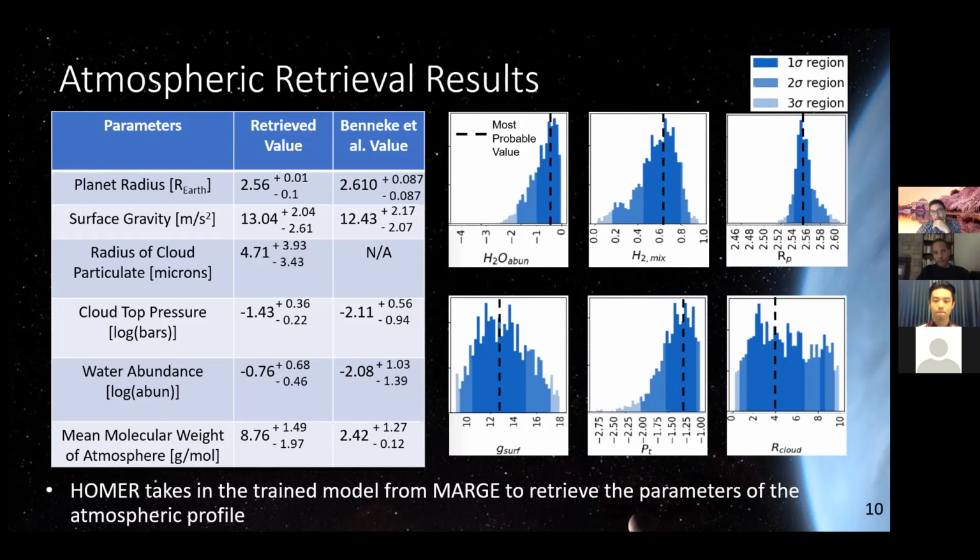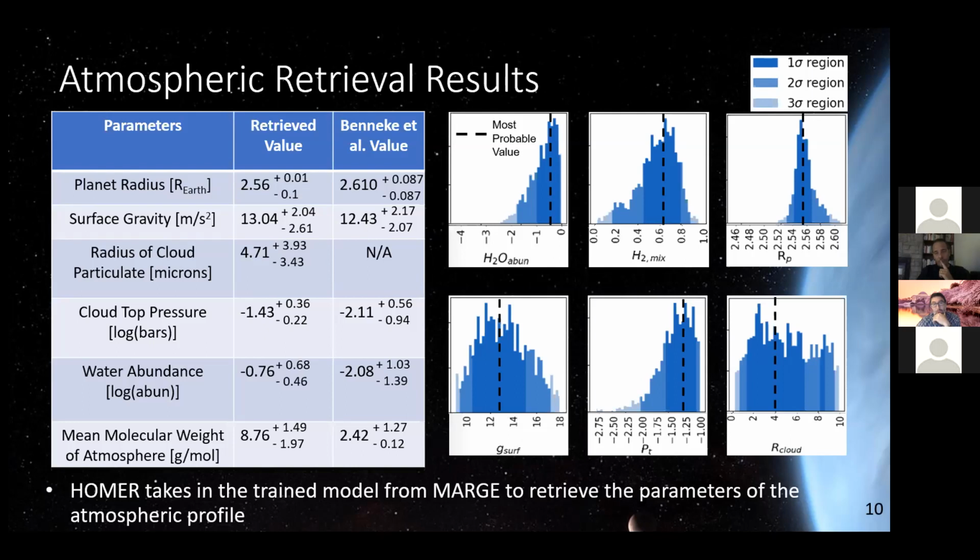Okay, thanks. Tom, you have a good point, and what you can notice from this plot or this table is that the water abundance has to be much higher than the Benneke result, almost more than a factor of 10 higher, in order to compensate for the higher mean molecular weight and smaller scale height.